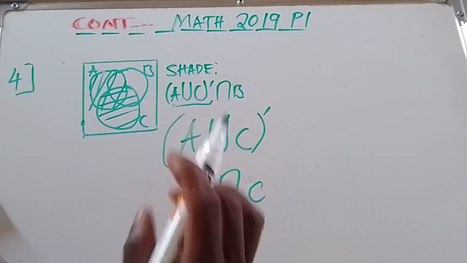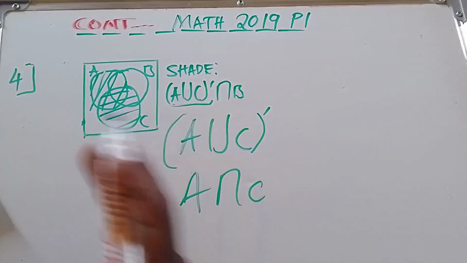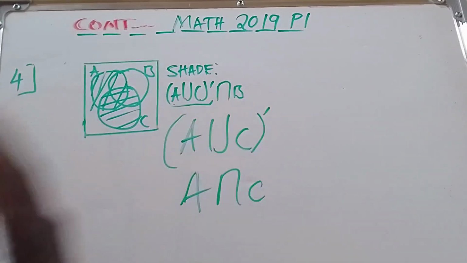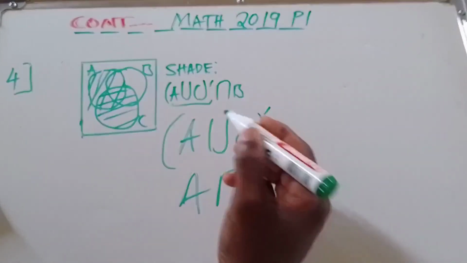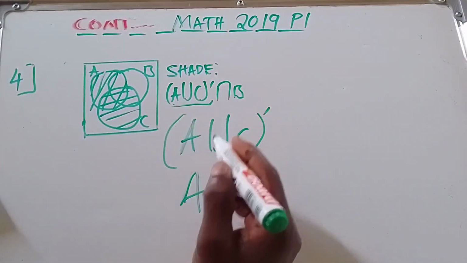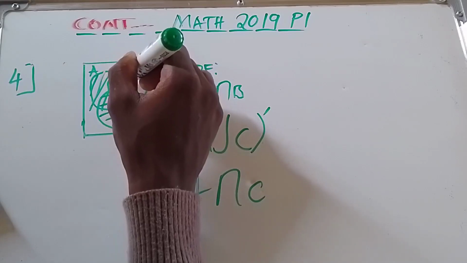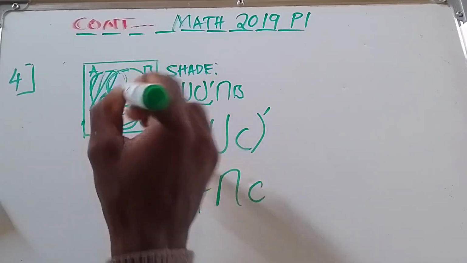A union C complement. We complement what is in A union C, then we intersect it with what? With B. So now, if you remove A union C, what are we remaining with? Mind you, this A union C is passing in B, because this is B, as you can see.